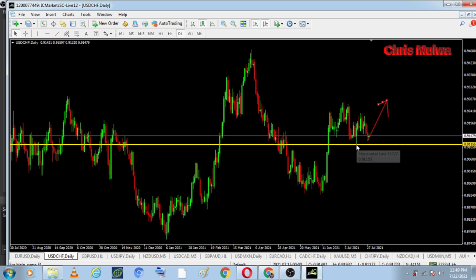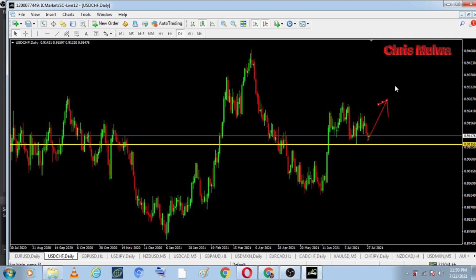So we can see that the downward movement is failing, and note that the USD currently is strong. We have experienced high strength, especially on the USD, this month. Because of that factor, I'm looking at a buy trade.